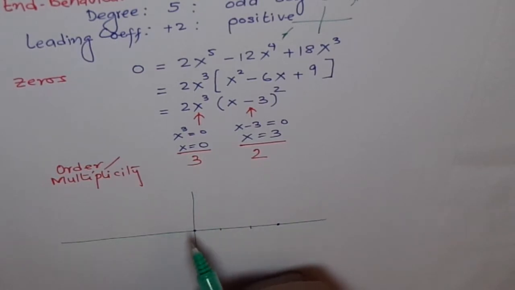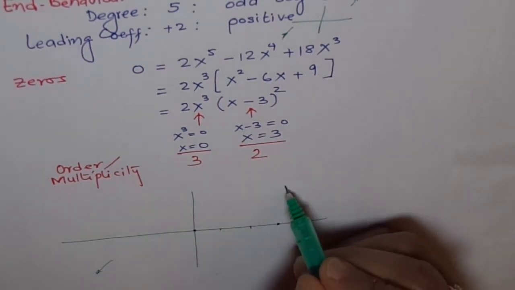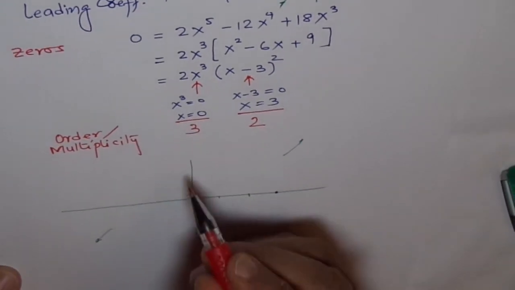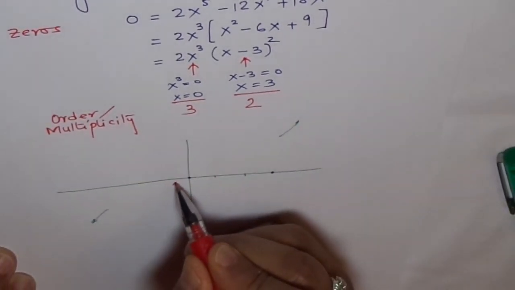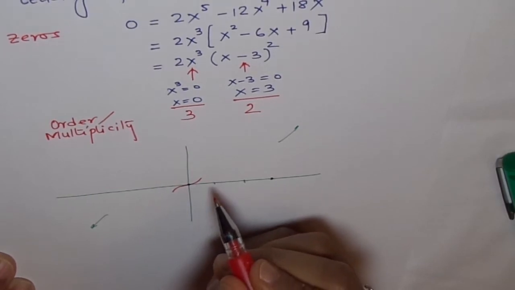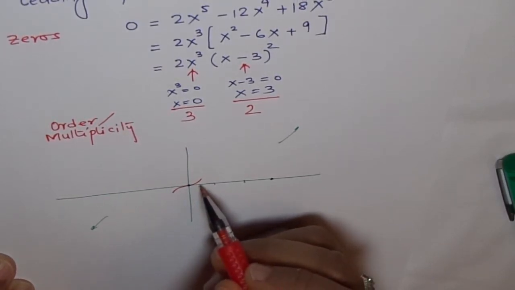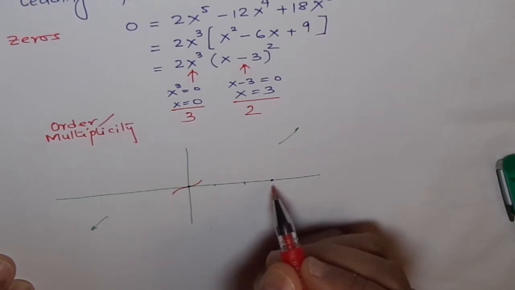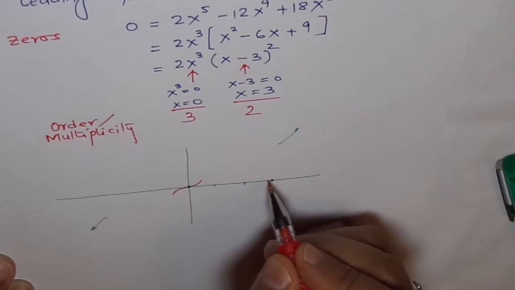So the function is going from here to there, correct? With these zeros. Now this zero at 0 will be like this. It goes like a cubic function. And how about the one at 3? There it is going to bounce back because it's of order or multiplicity 2.